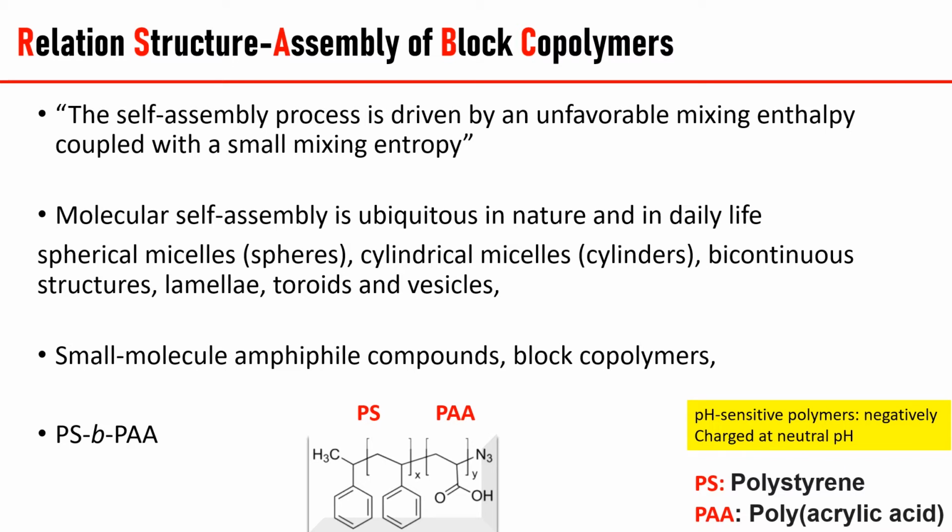He studied in depth the whole process of self-assembly. With this block copolymer, he described different polymorphs such as spherical micelles, cylindrical micelles, bicontinuous structures, lamellae, toroids, vesicles, and so on. He reported almost 30 polymorphs of these block copolymers.